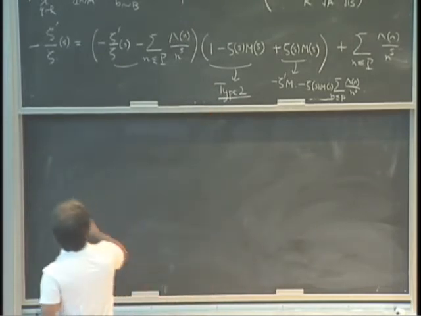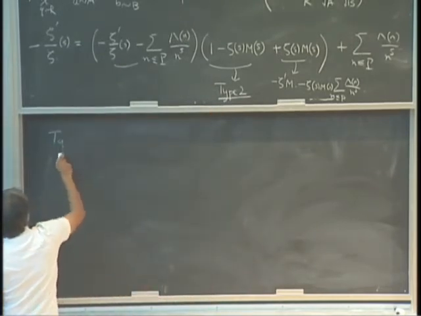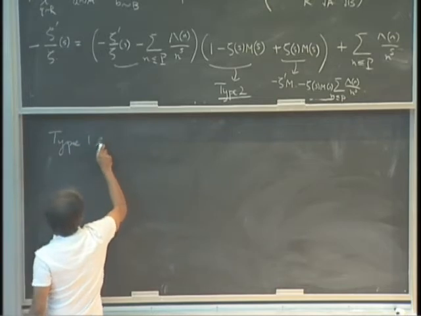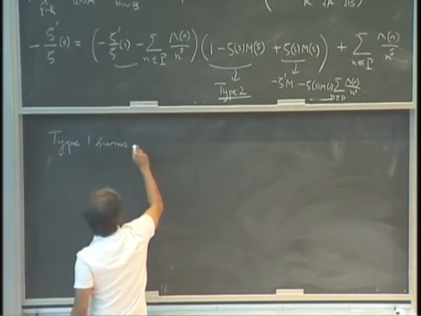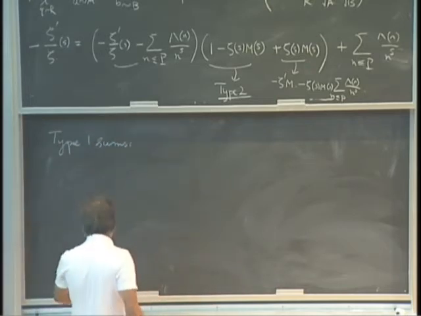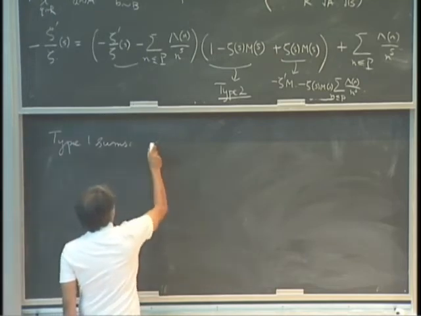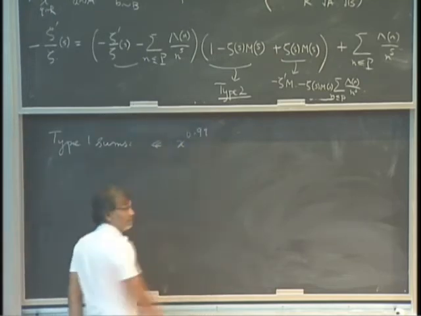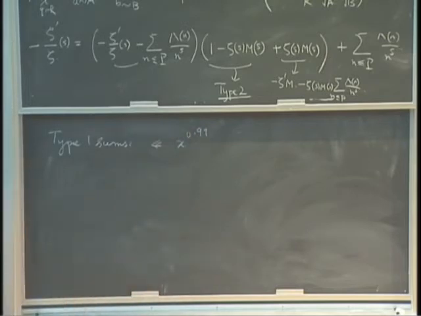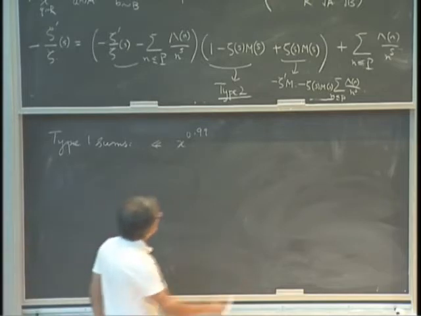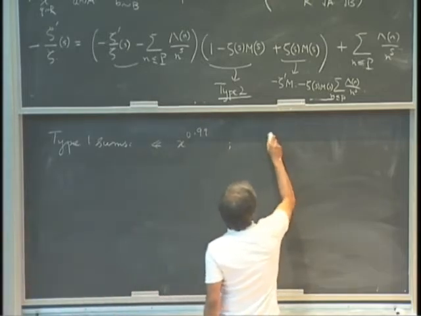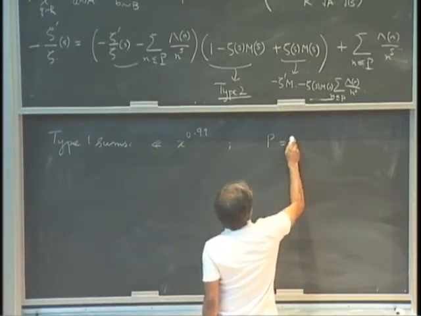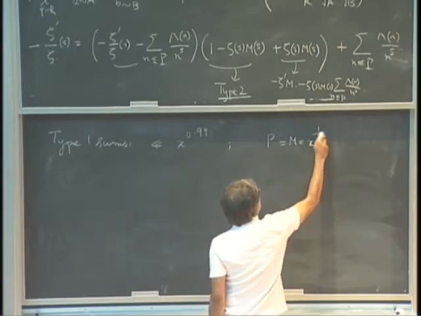So type 1 sums were easy. Last time I think we gave a bound which was less than, let's say, x to the 0.99, something like this. All of them we could bound by this, choosing some simple choice of P and M, like P equals M is x to the 1/10.